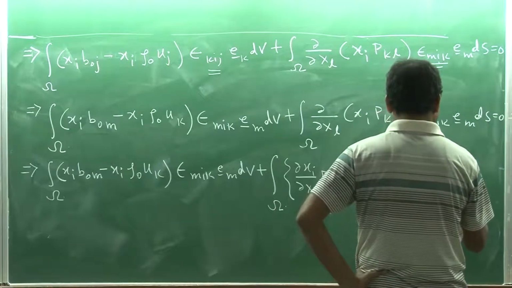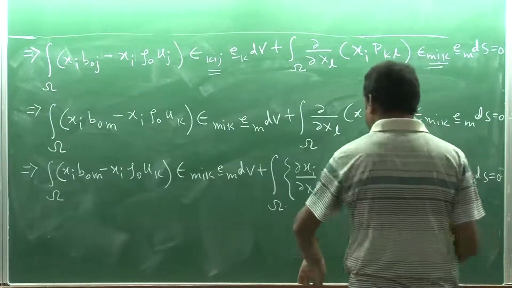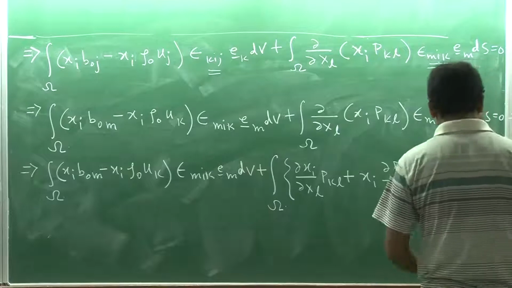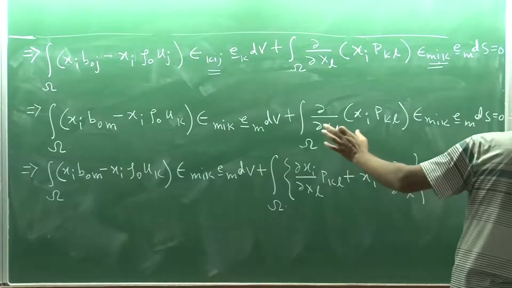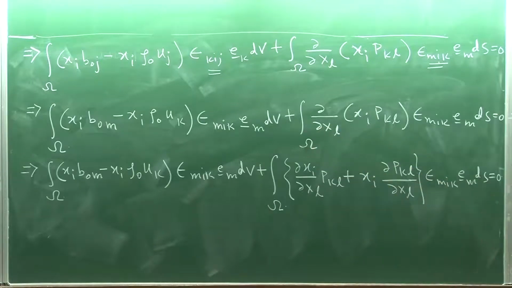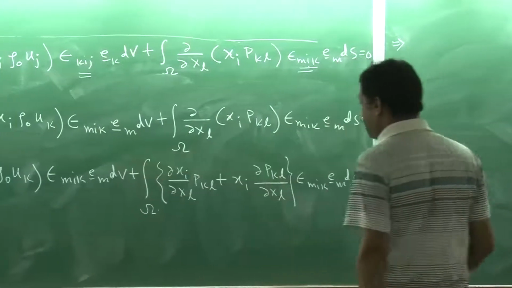Mik ds is equal to 0, right. Because I am just doing this differentiation of that product, right. Then I will just keep on simplifying this.